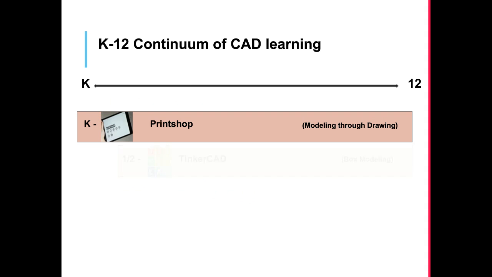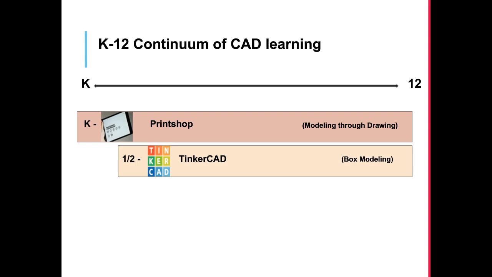So the next step, in about first or second grade, depending upon the student, or after they get the introduction of Print Shop, is we move to Tinkercad. And Tinkercad is a box modeling program.